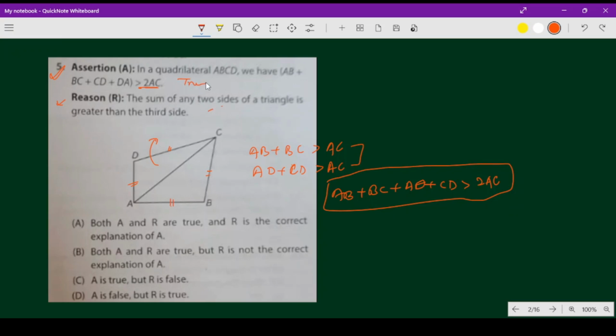This is also true, and it explains the assertion, as we got the result that AB plus BC plus CD plus AD is greater than 2 times AC with the help of this reason. So both assertion and reason are true, and the reason is the correct explanation for the assertion. So A is correct.